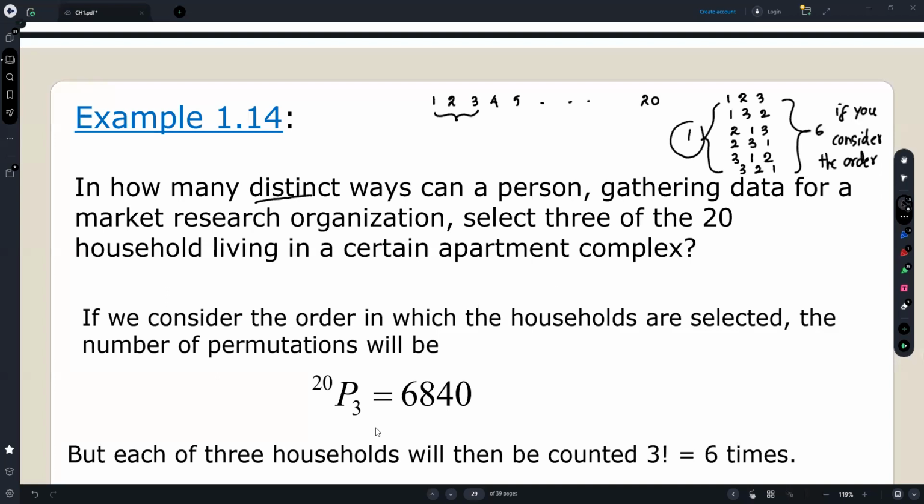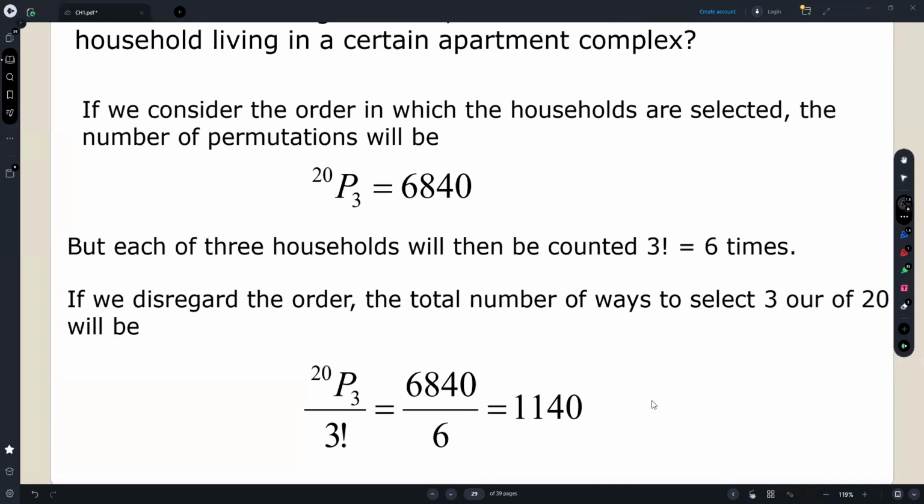So what should we do? That will happen for each and every permutation you take. The same thing will be counted 6 times, so you have to get rid of that. Which means you have to divide the permutation 20P3 by 3 factorial. So you have 20P3, and you divide it by 3 factorial, that means 6.